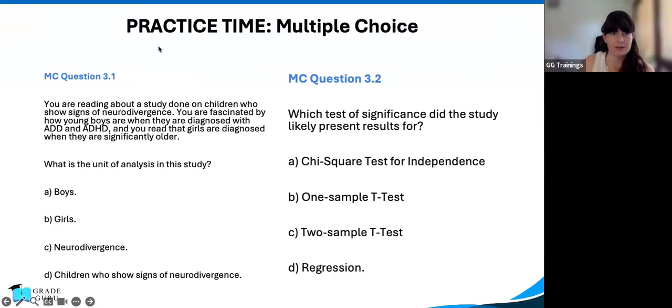Let's look at the next one. You're reading about a study done on children who show signs of neurodivergence. You're fascinated by how young boys are when they're diagnosed with ADD and ADHD, and you read that girls are diagnosed when they're significantly older. Unit of analysis.